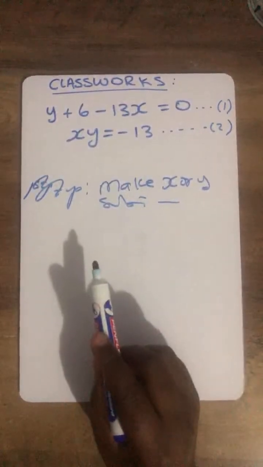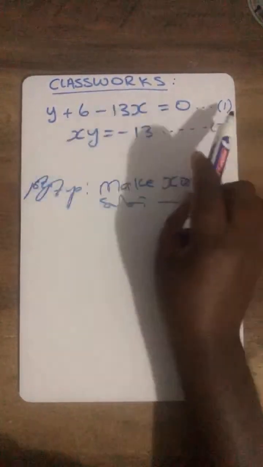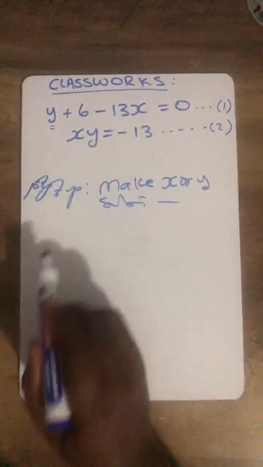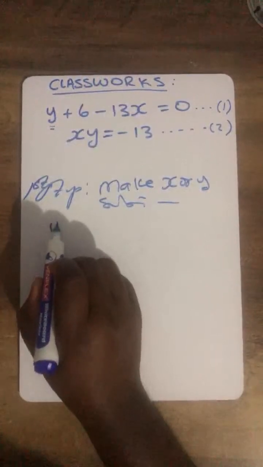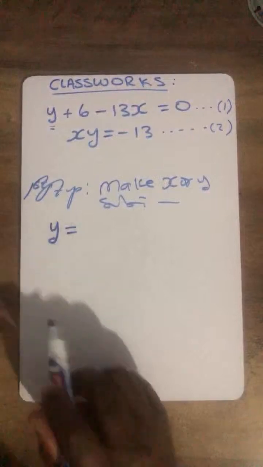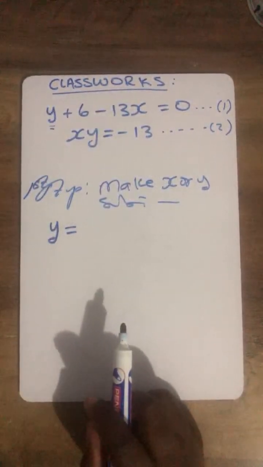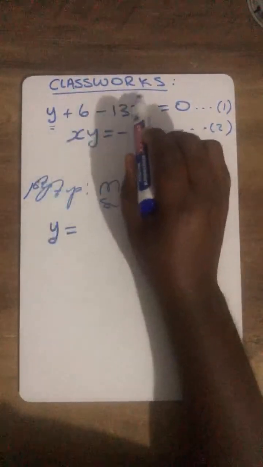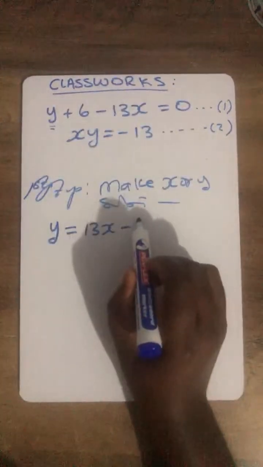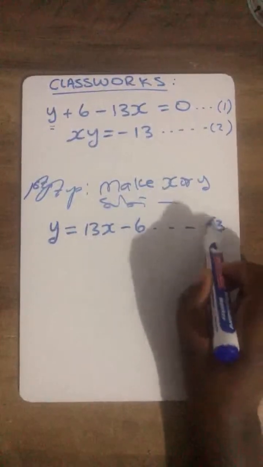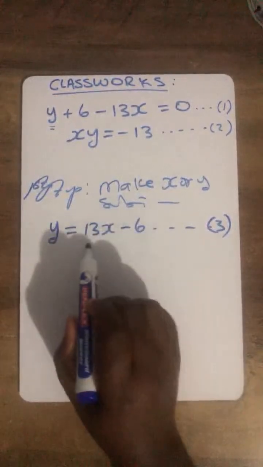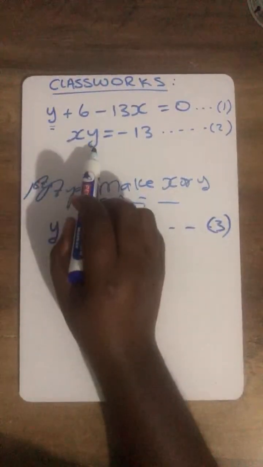For example, if you look at this equation number 1, you can try to make y the subject of the formula, which means you just want to have either y or x on the left side. So you can say y, then you move everything, you deport everything. So that means you take this one to the other side, it becomes positive 13x. Take that 6 to the other side, it becomes this is equation number 3.